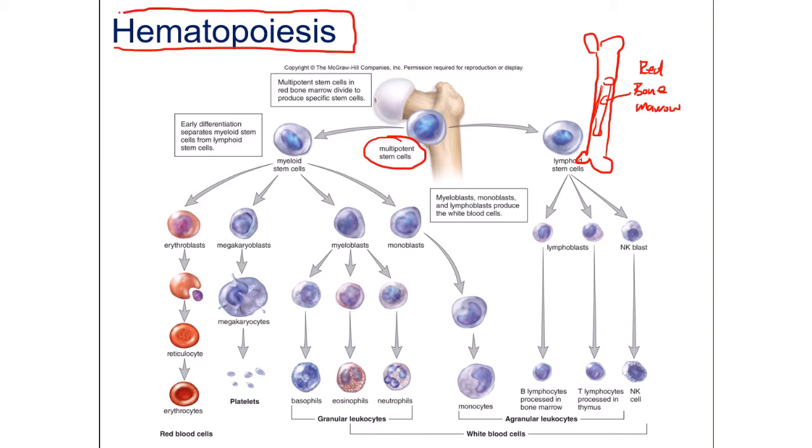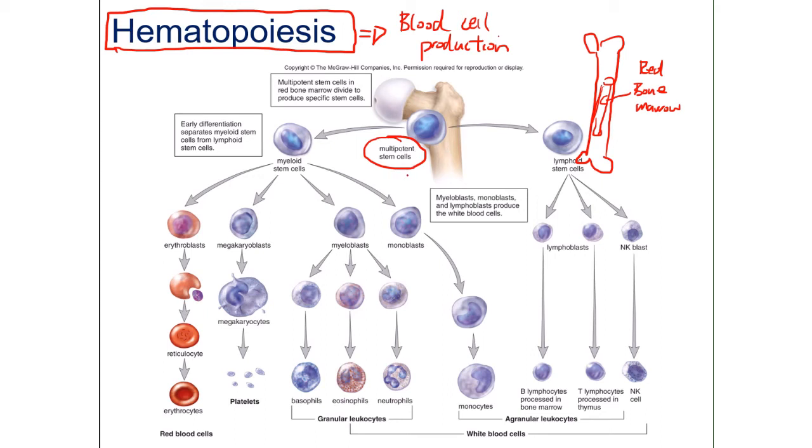Okay, hematopoiesis. So this big word basically means blood cell production. Each of these paths is a possible destination for the stem cell, right?